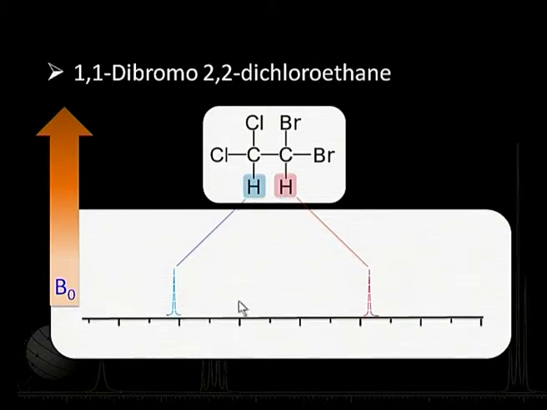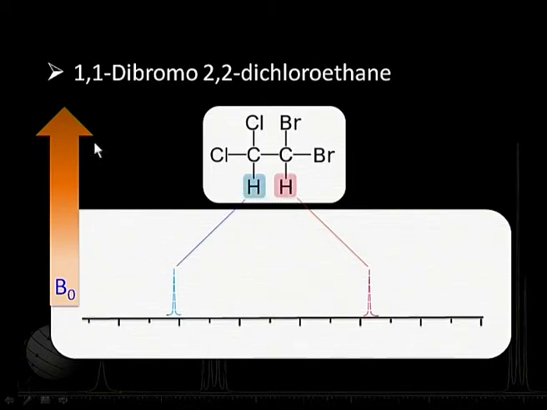Essentially, since there are two protons, if the two protons do not interact with each other, then I expect one signal of this kind and another signal here. But because these protons are magnetic entities, tiny bar magnets, this proton is going to influence the behavior of the other proton and vice versa.